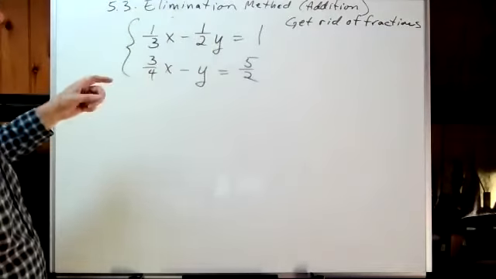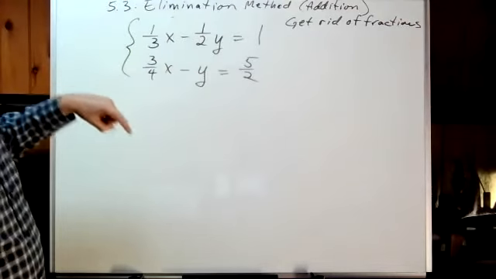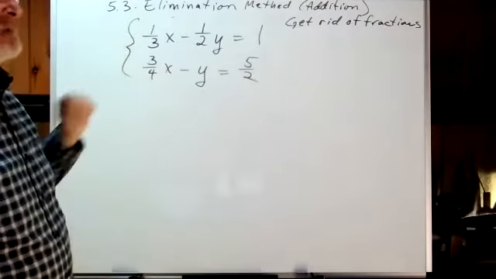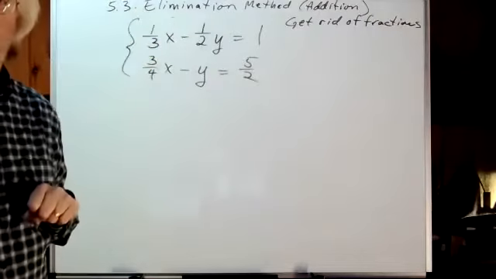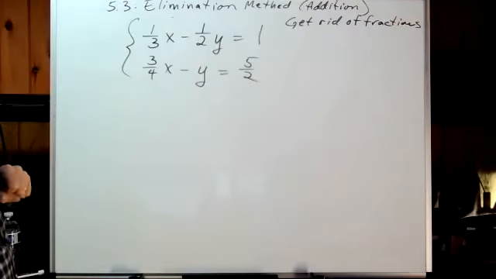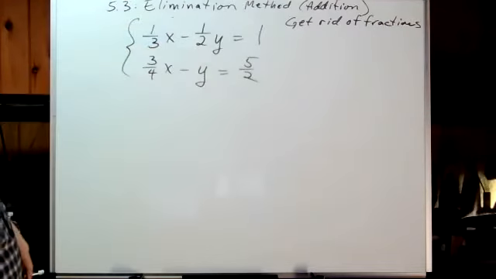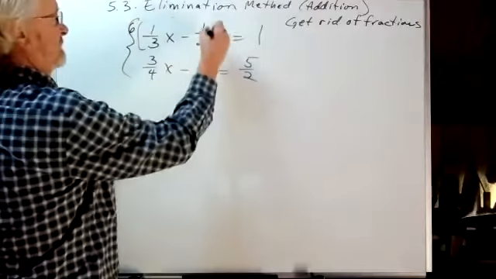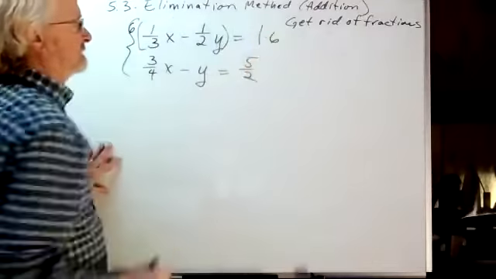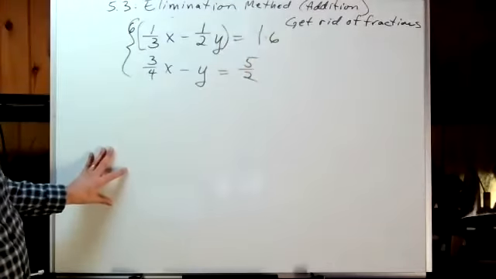Our technique was to multiply everything by the common denominator. That's going to allow the fractions to reduce to integer values. So with 3 and 2, I'm going to multiply everything by 6.